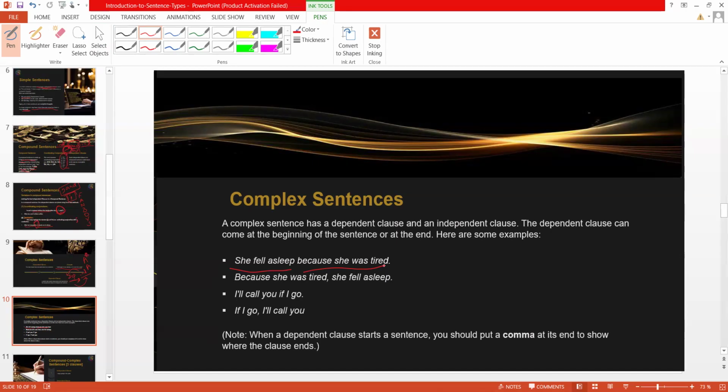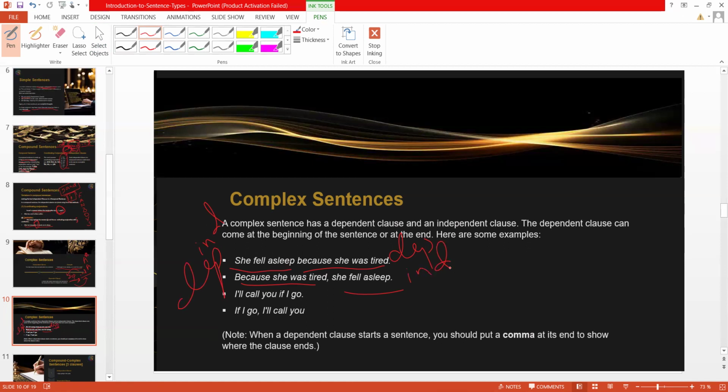Because she was tired, comma, she fell asleep. That's again the same sentence, but here we have mentioned the independent clause first and the dependent later. And for the second sentence, we put a dependent clause first and an independent clause later. It's the same thing. It is how we are placing it.